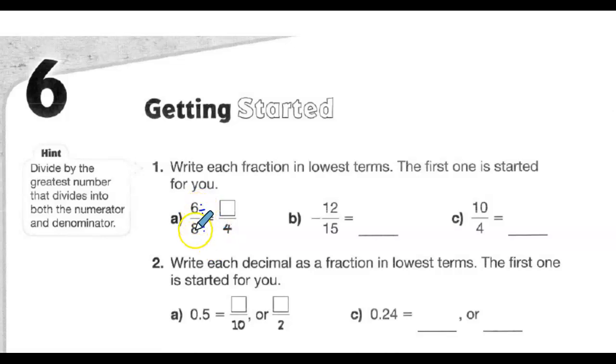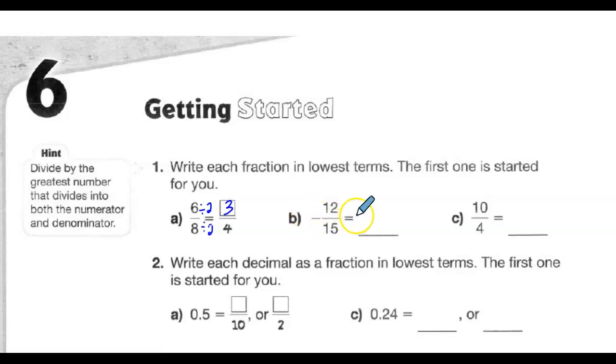So the biggest number that goes into both of these is 2. 8 divided by 2 is 4. 6 divided by 2 is 3. Okay. Sometimes your calculator might simplify for you in a way if you know how to use that, but you really need to know how to do it without a calculator.